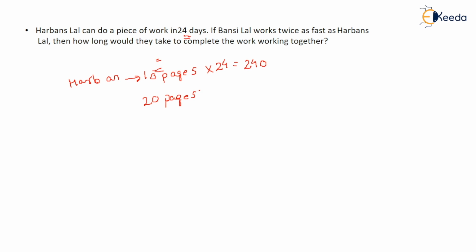So if Harbans Lal can write 10 pages, Bansi Lal can write 20 pages. He has to write 240 pages, and he can write 20 pages in a day. So in how many days can Bansi Lal complete those 240 pages?